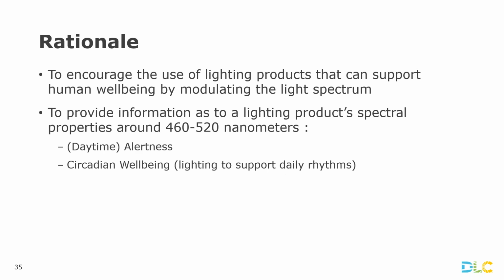In order to do this, the draft policy asks to provide information as to a lighting product's spectral properties around 460 to 520 nanometers. This might seem very specific, but this range has been shown to be important for daytime alertness and to impact circadian rhythms and well-being.